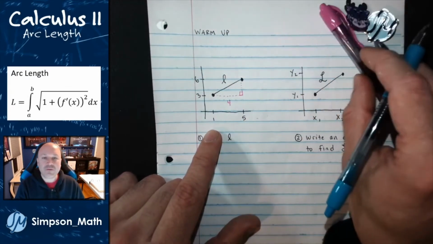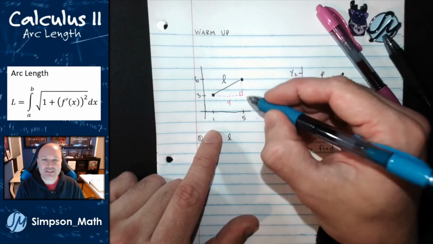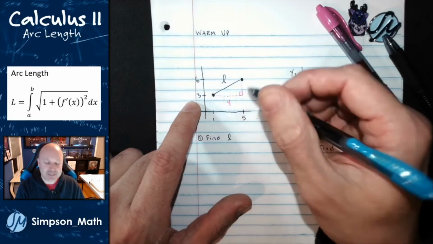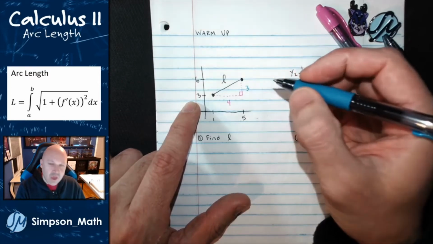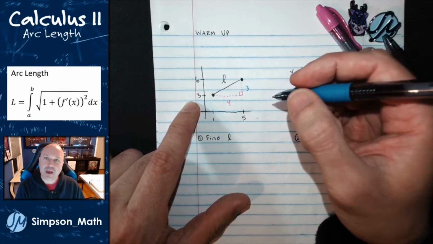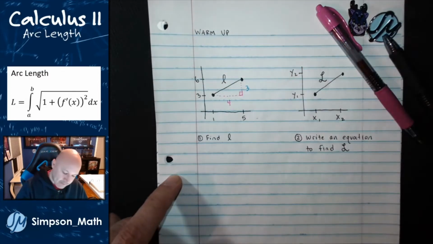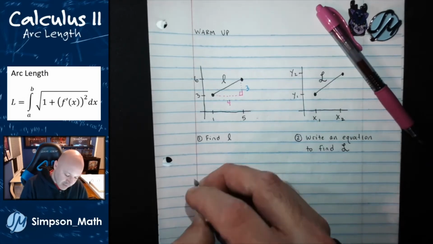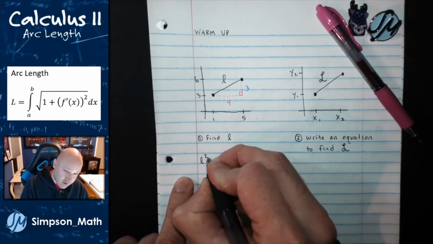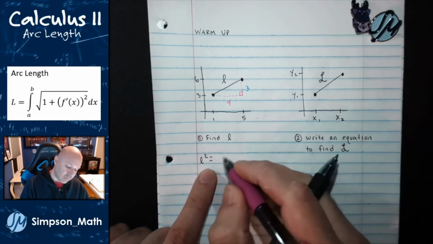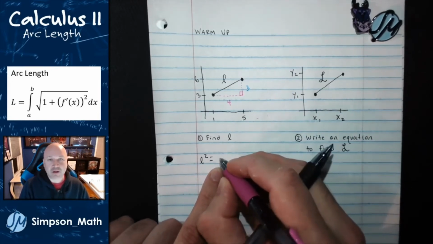Similarly, we go off and we find the y difference. The difference between 6 and 3 is 3. And then we can set up a Pythagorean theorem. It says that L squared will be 4 squared, but I'm not going to call it 4 squared.